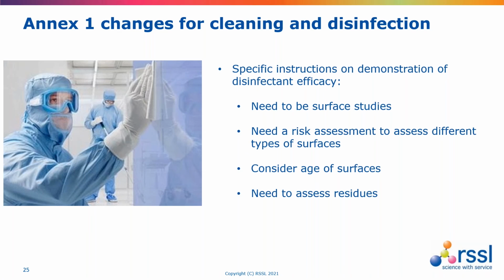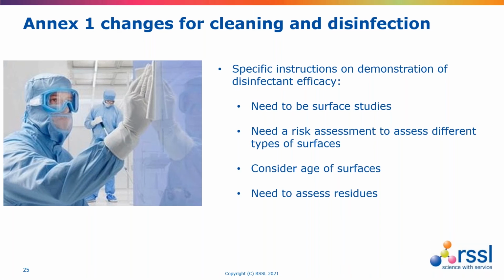It is possible to matrix different surfaces together for the purposes of evaluation, but you need to have a scientific approach to that. So for example, if there are 2 or 3 grades of stainless steel, you may elect to do 1 grade of stainless steel. Which grade would you do? Would you do the rougher one or the smoother one? It's that kind of thing that needs to be built into that program through some form of risk assessment.